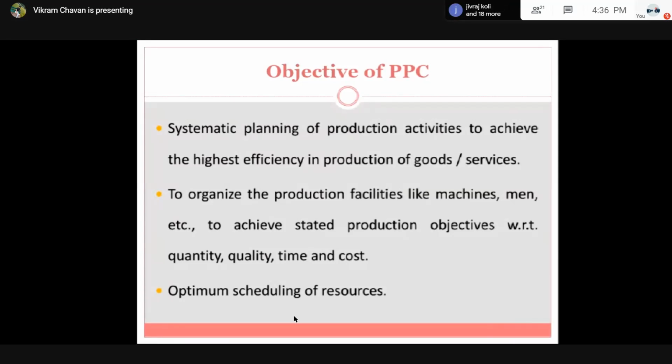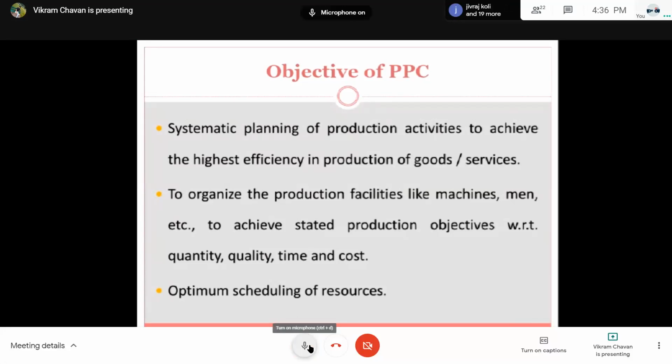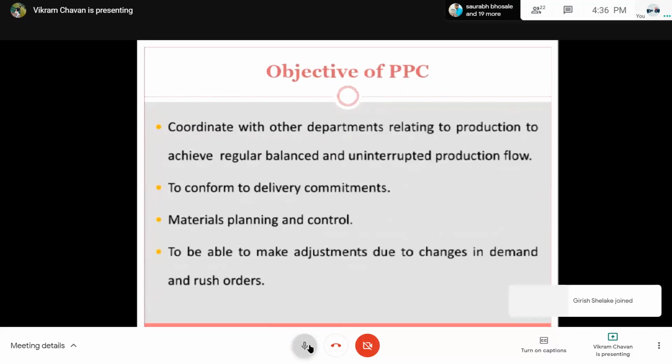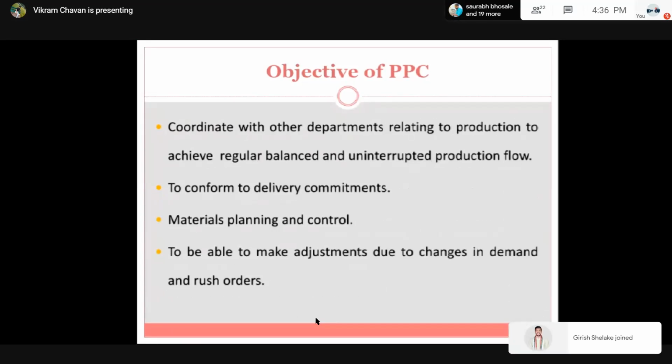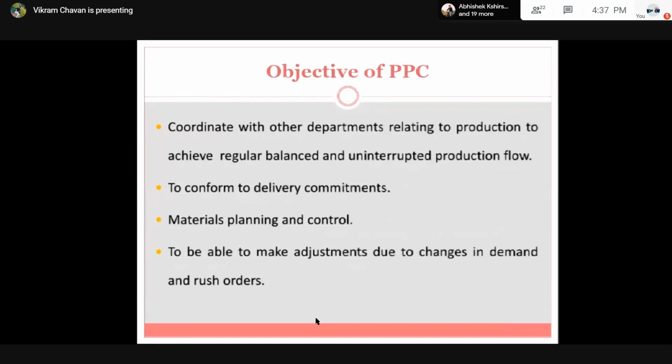Shall we move ahead to the next slide? Yes, sir. Okay. Please note down the points, objectives of PPC from the second slide.